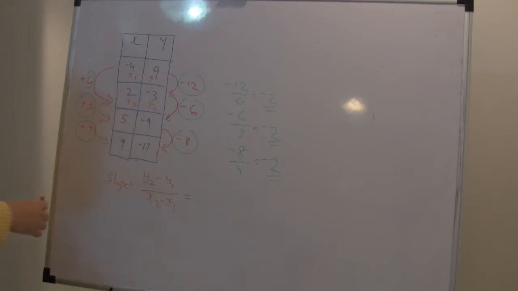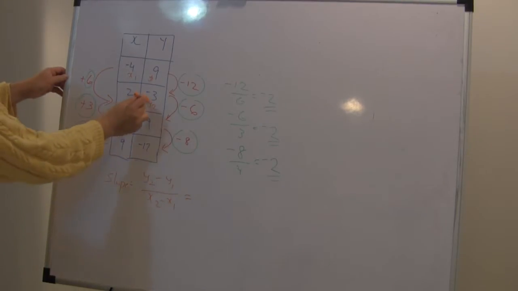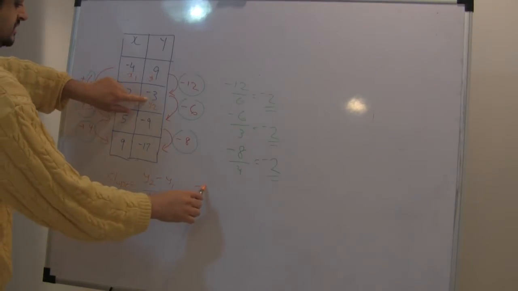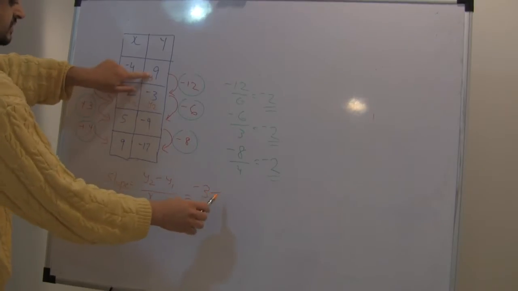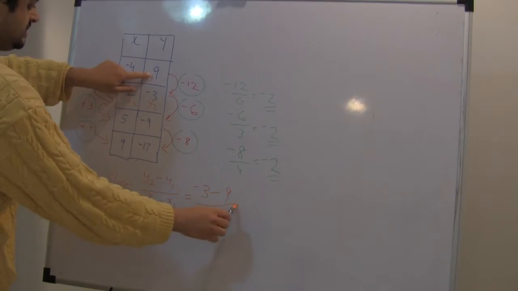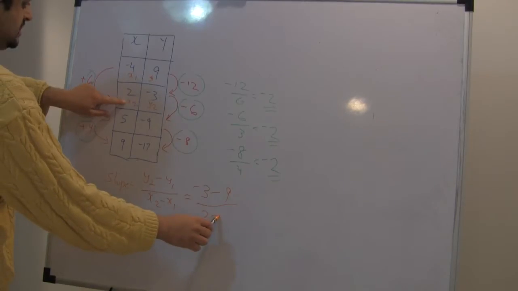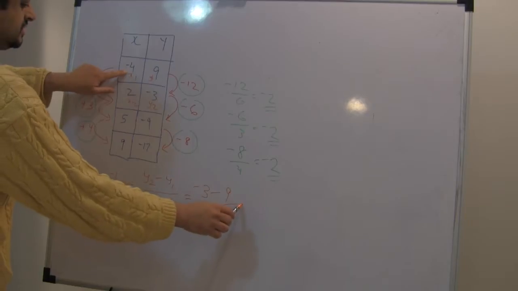So what is slope here? y2 is -3, so -3 minus y1. y1 is 9, divided by x2 is 2 minus x1 is -4, okay?